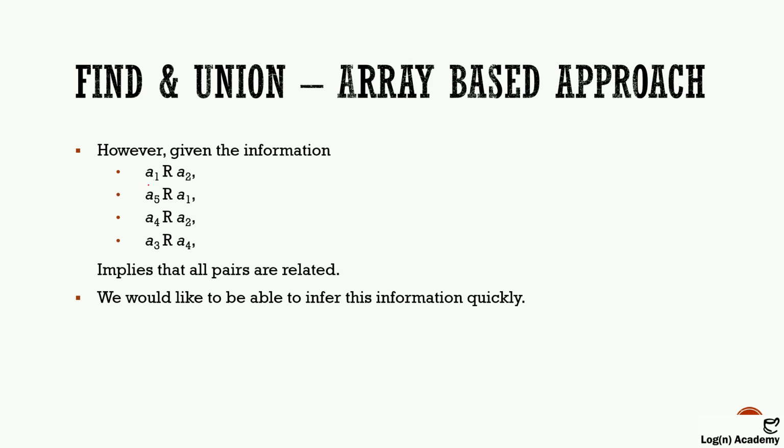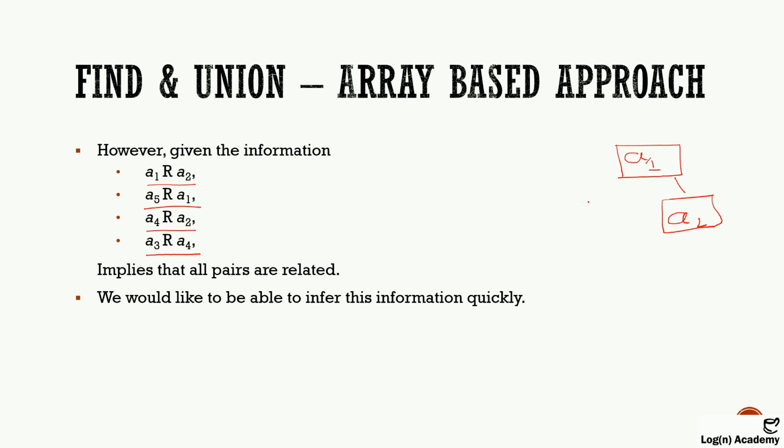We have this relation: A1 is related to A2, A5 is related to A1, A4 is related to A2, and A3 is related to A4. If we try to group them, we can represent these relations something like this. We have A1 and we have A2. This is one relation.